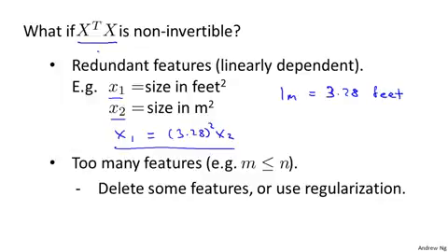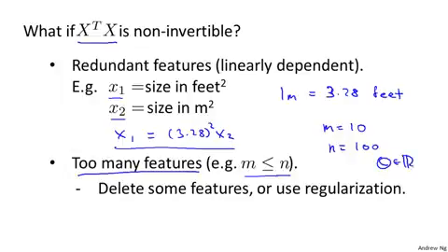The second thing that can cause X transpose X to be non-invertible is running a learning algorithm with a lot of features. Concretely, if m is less than or equal to n. For example, if you have m equals 10 training examples but n equals 100 features, then you're trying to fit a parameter vector theta which is n plus 1 dimensional, so 101 dimensional. You're trying to fit 101 parameters from just 10 training examples.